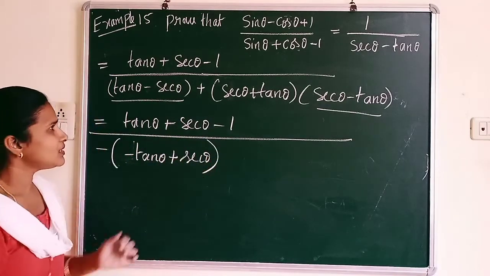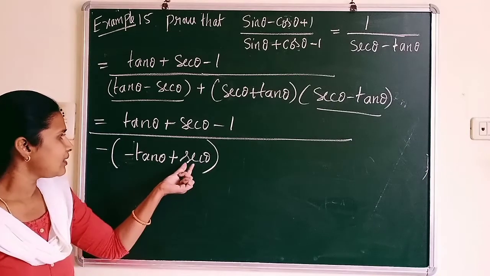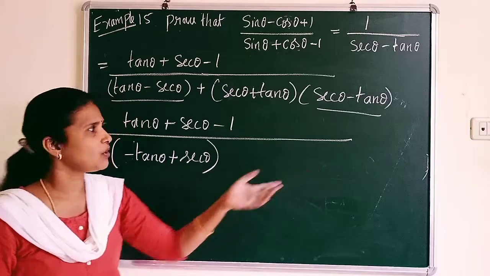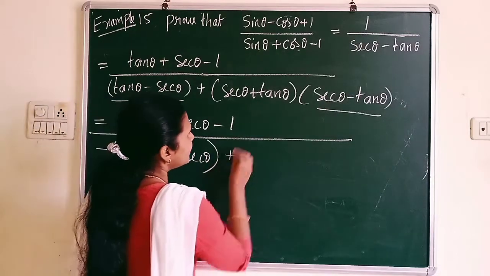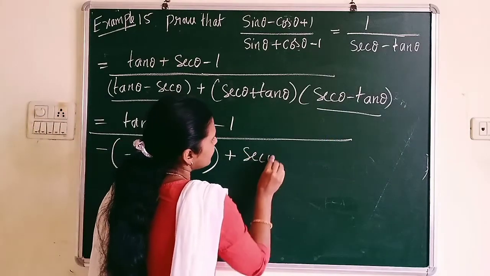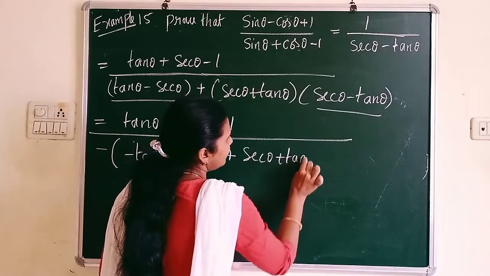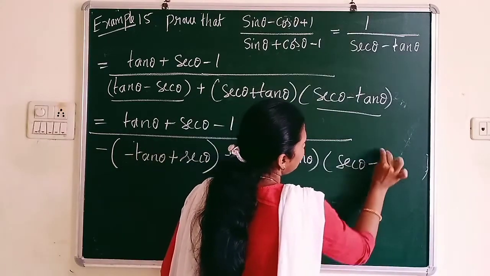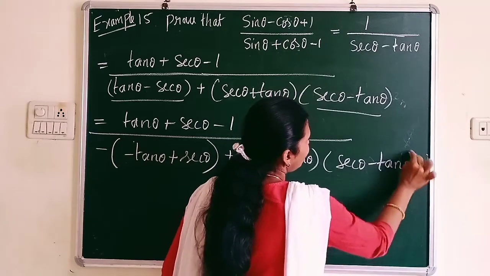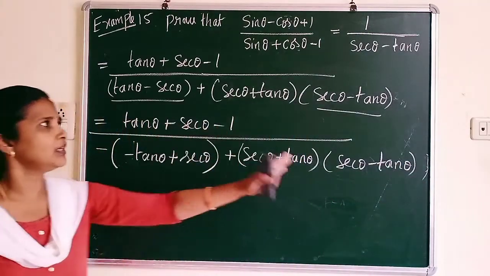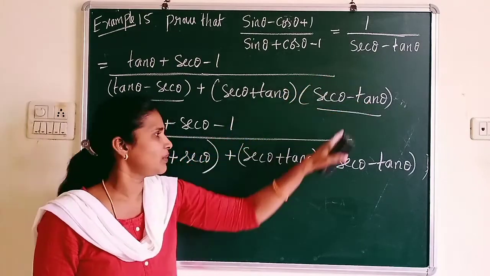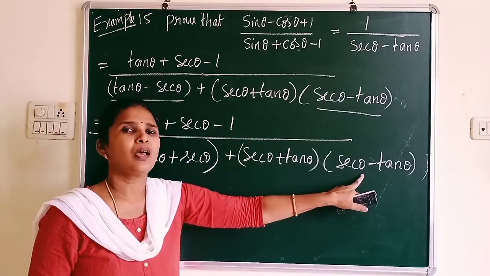So now you can see it is secant minus tan. Both are the same now. Now this plus, write as it is, secant theta plus tan theta into secant theta minus tan theta. Why do I have to take minus common here? Because you can see the RHS has secant minus tan in the denominator. So I need this term only as a common.